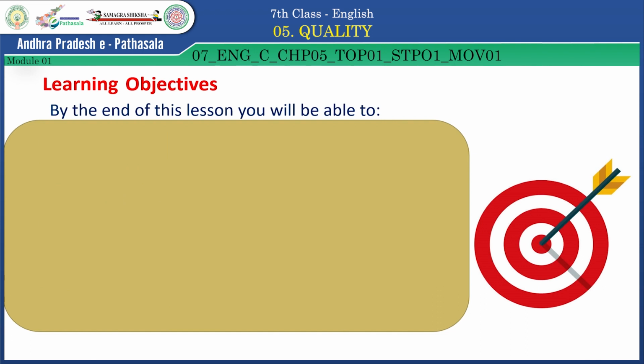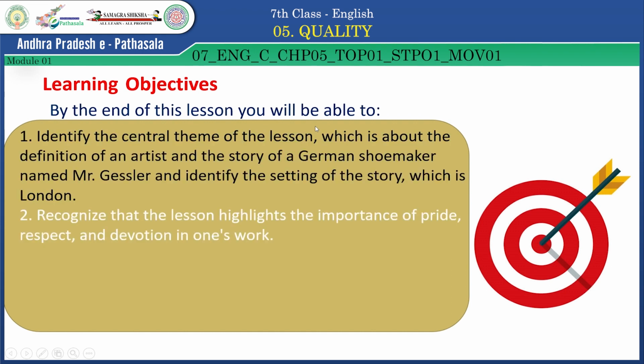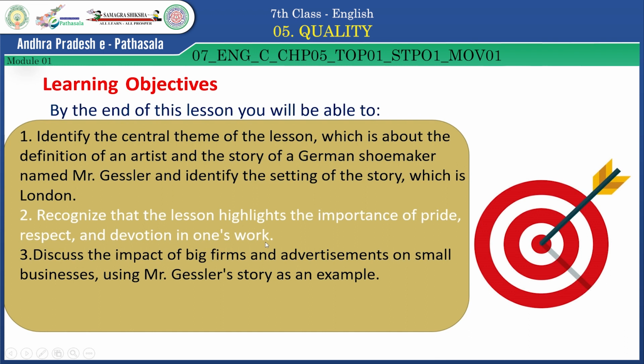By the end of this lesson, you will be able to identify the central theme of the lesson, which is about the definition of an artist and the story of a German shoemaker named Mr. Gessler, and identify the setting of the story, which is London. Recognize that the lesson highlights the importance of pride, respect, and devotion in one's work.